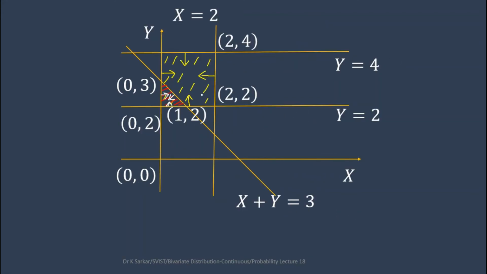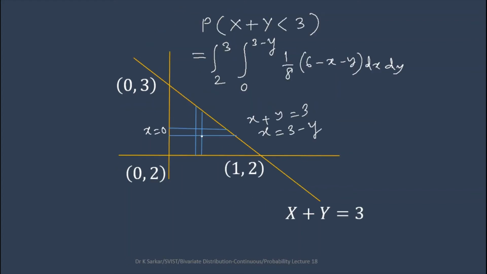Here we have taken this small triangle, and the horizontal and vertical strips are also taken to understand the limits. Probability of x plus y less than 3: limits for y are 2 and 3, limits for x are 0 and 3 minus y.